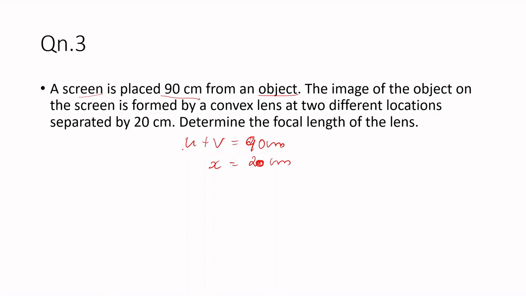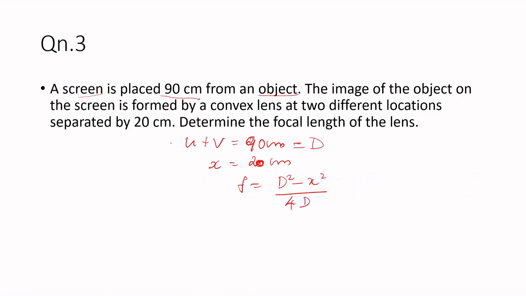So in such cases, u plus v we can take as equal to d. There is a shortcut formula for finding the focal length of this lens. It is f is equal to d square minus x square divided by 4d. So what is d here?